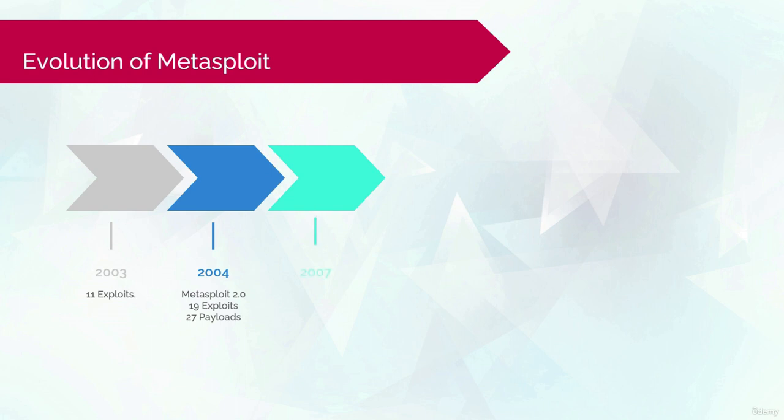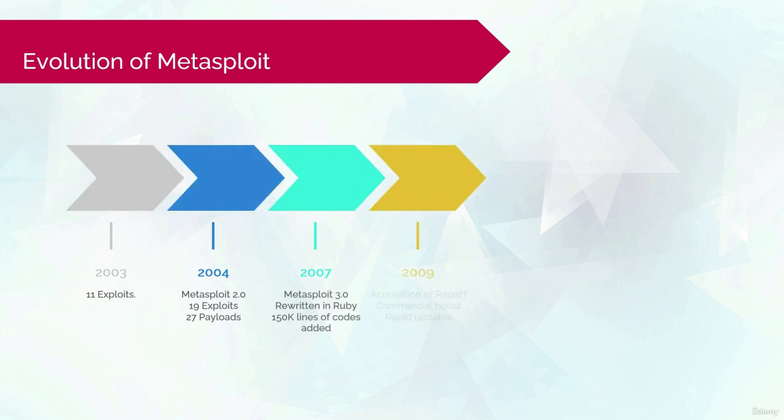Then following a complete rewrite in the Ruby programming language, the Metasploit team released Metasploit 3.0 in 2007. 150,000 lines of code were added to the project in an 18-month period after migrating from Perl. With the 3.0 release, Metasploit saw widespread adoption in the security community and also a big increase in user contributions.